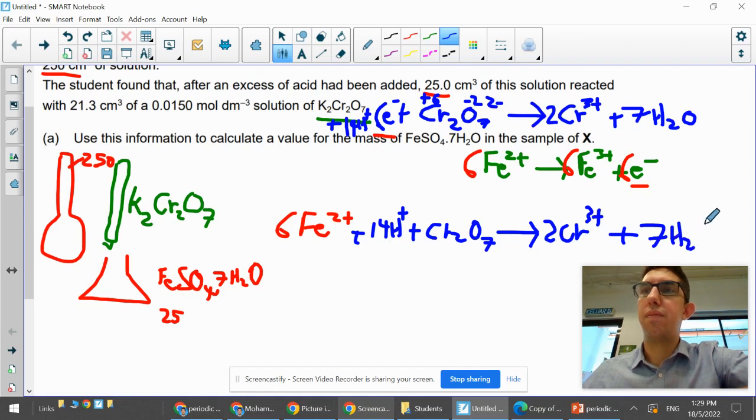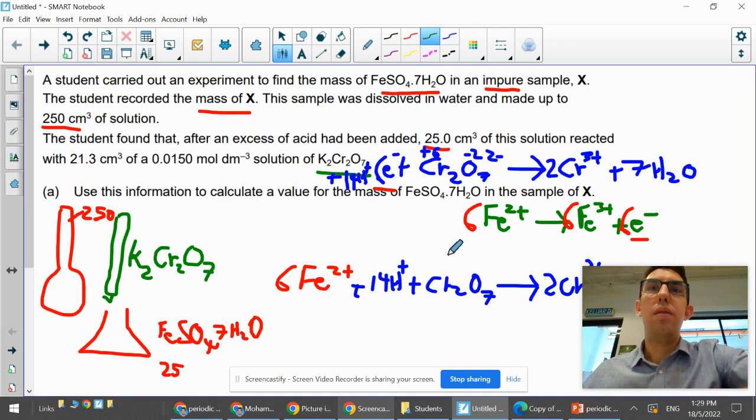Okay. Now we've got the balanced equation, we can now start doing some maths. So we can work out the moles of potassium dichromate. We're given the volume and the concentration.